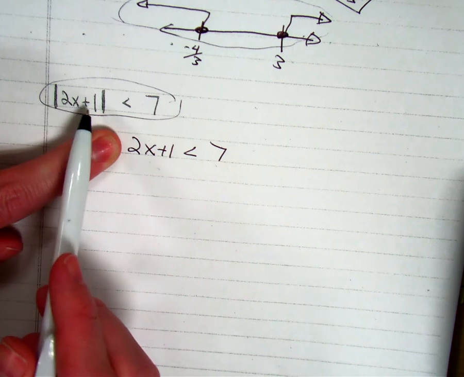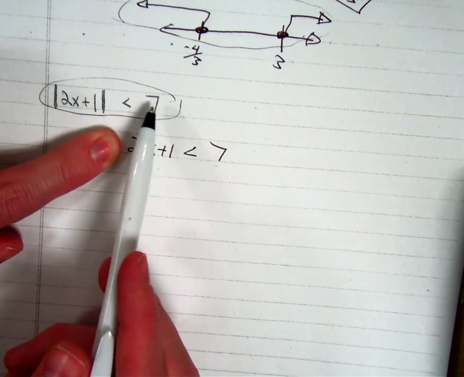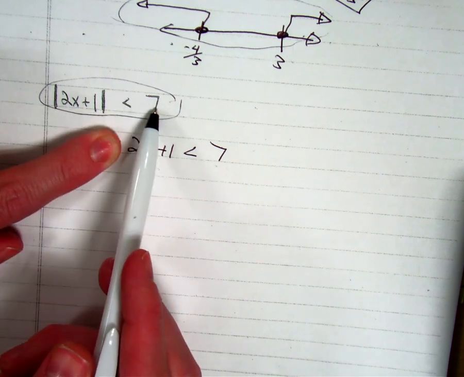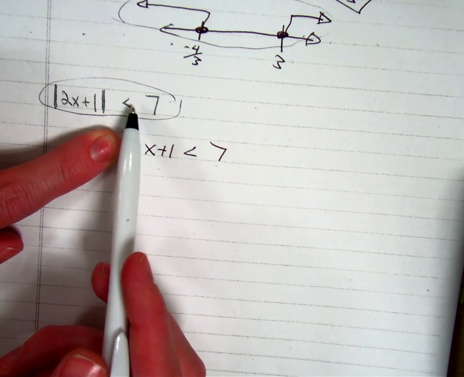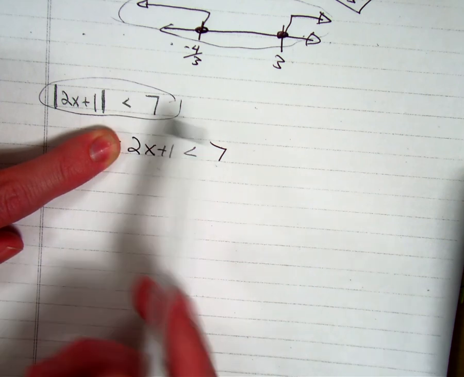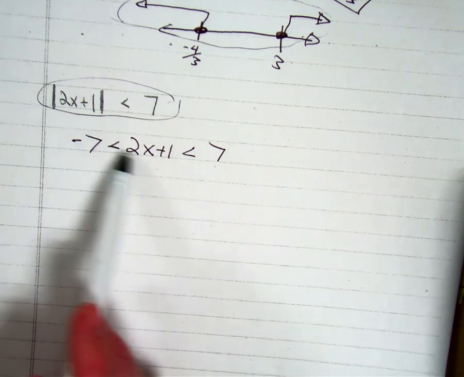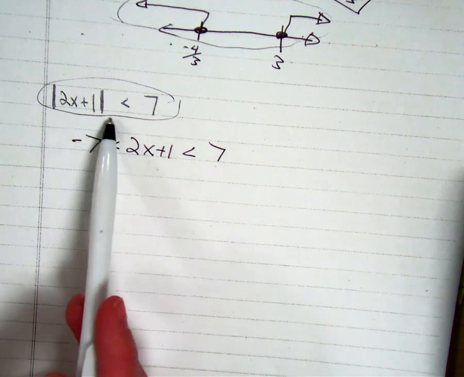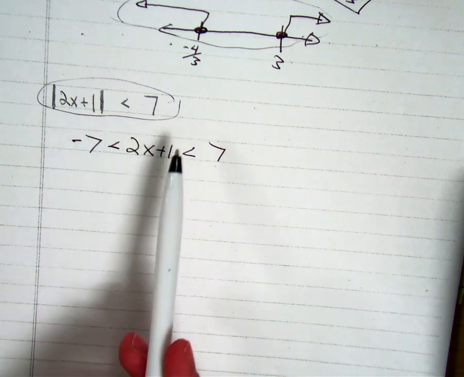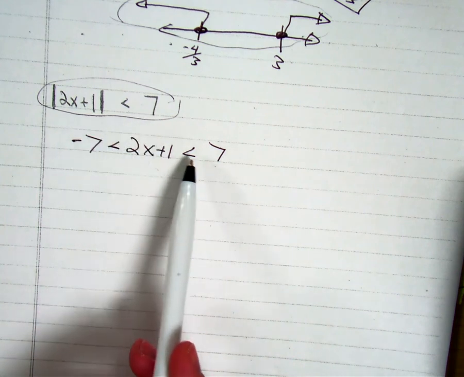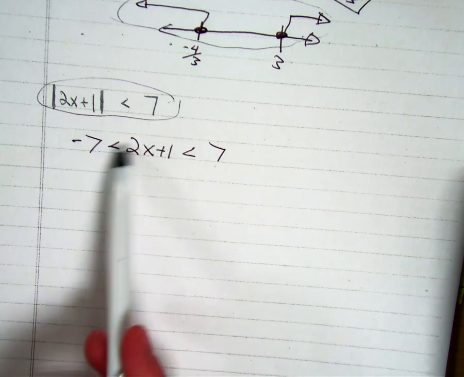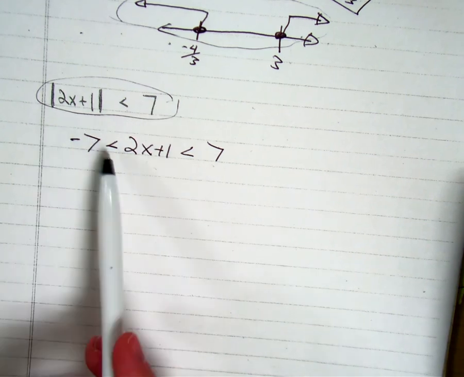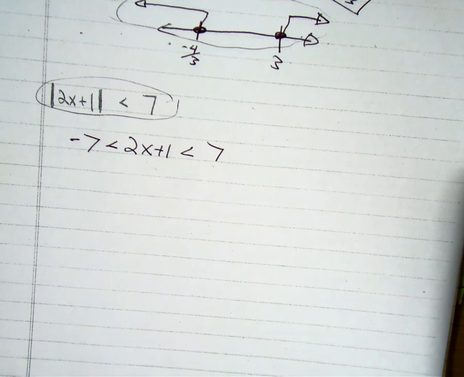Okay, 2x plus 1 is less than 7, and if we were to do the other one, it'd be 2x plus 1 and negative 7. We'd have to flip the sign, so we just need 2x plus 1 to be greater than negative 7, and that's what this says. So the absolute values with a less than are actually pretty okay to set up, because all it is usually is just taking this negative on the other side like this. We're going to do a between.